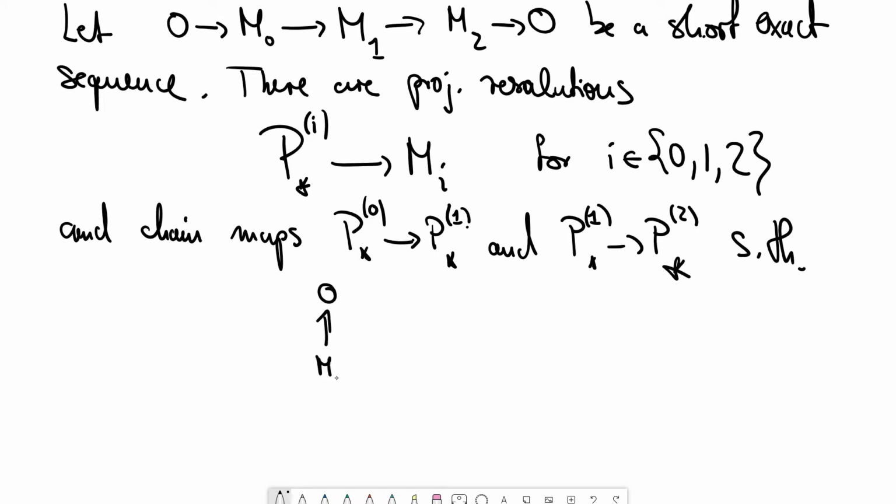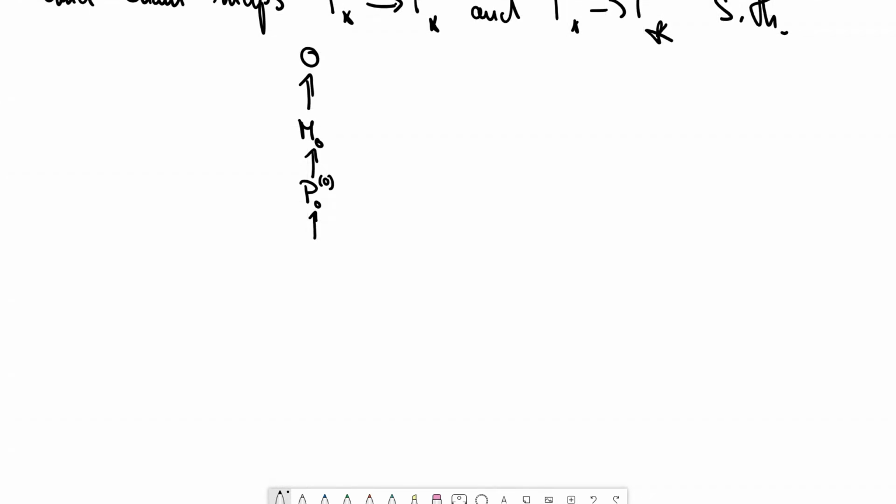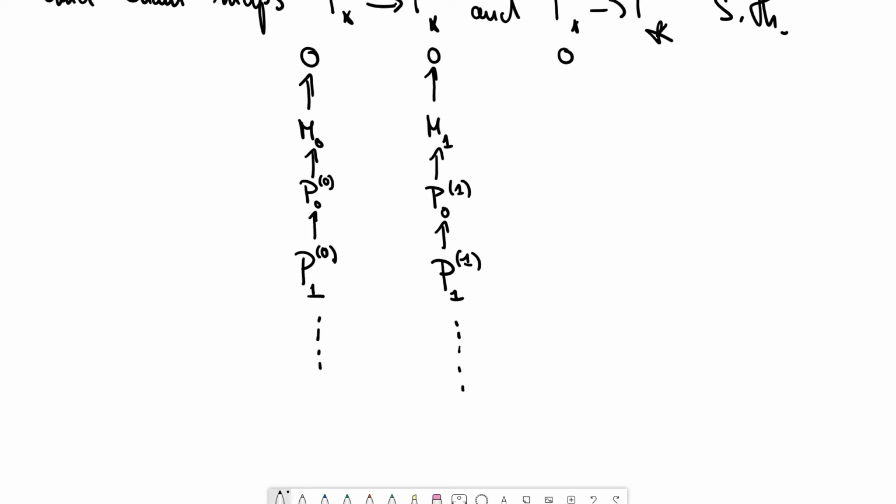So let me draw here the beginning of the resolution. I need more space. Here's the resolution of M0, next the resolution of M1, and finally M2.